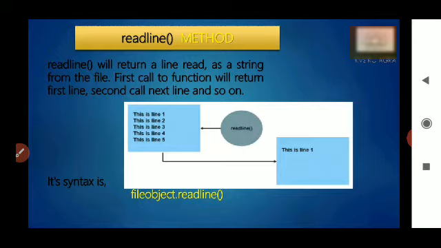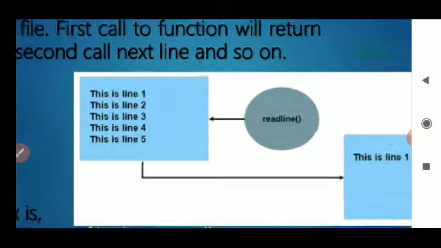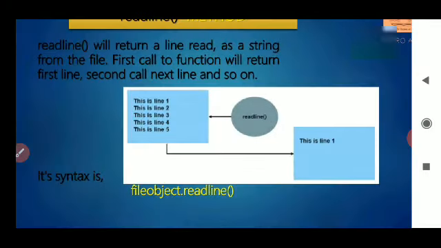The first call to the function will return the first line, the second call returns the second line, and the third call returns the third line. That means we use the readline function to read a single line from the text file.